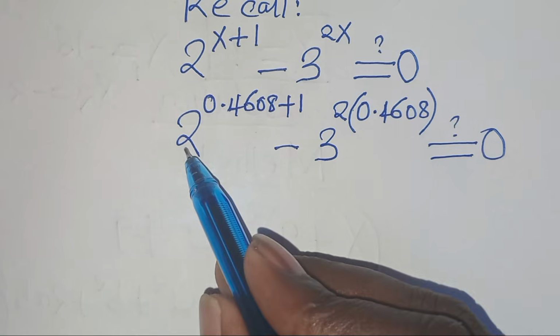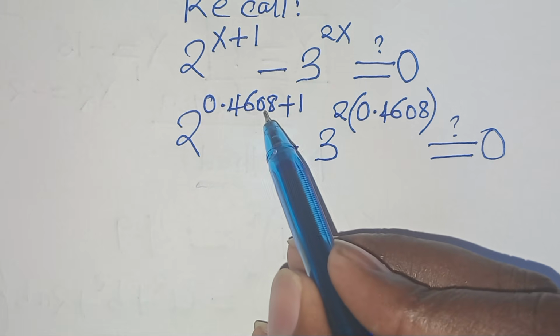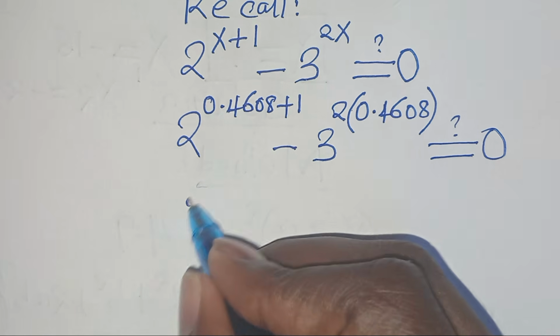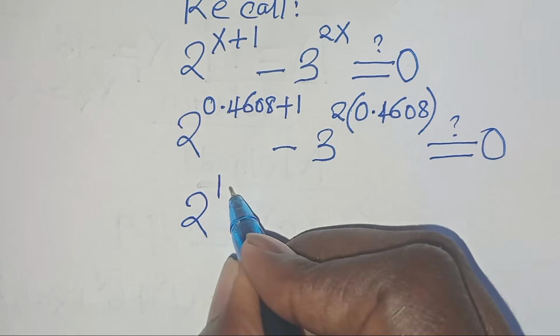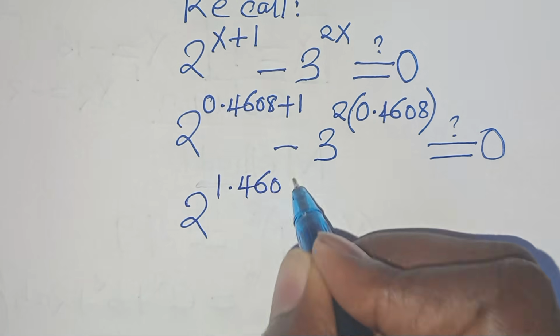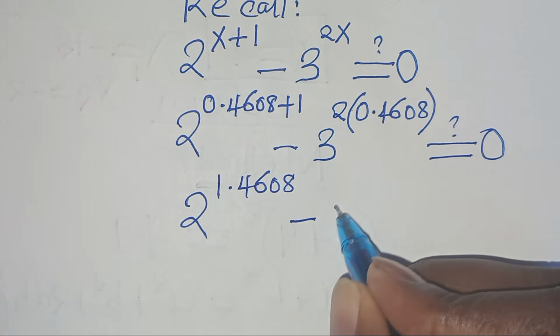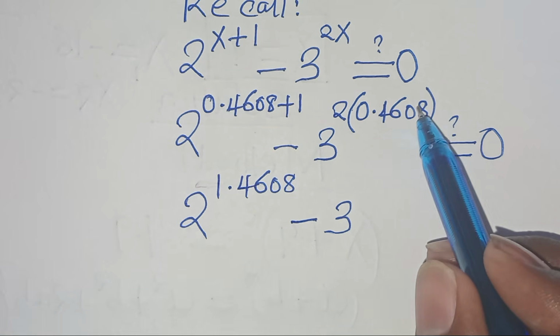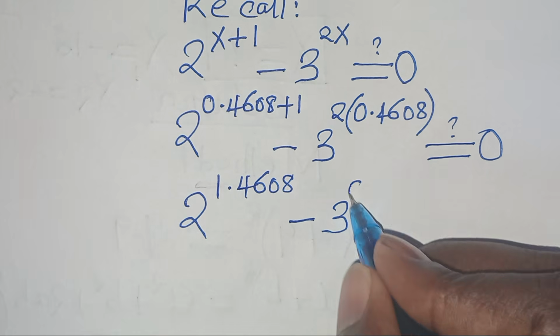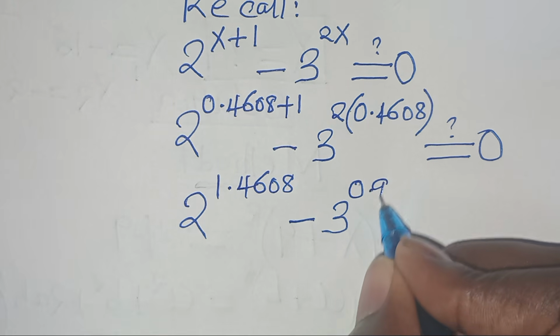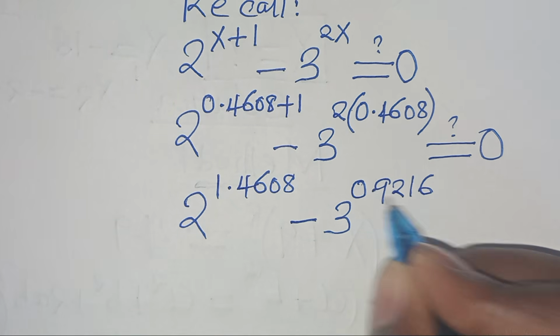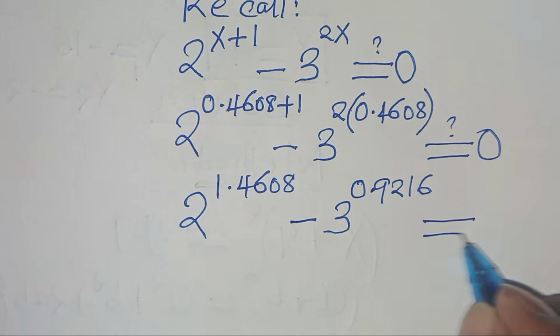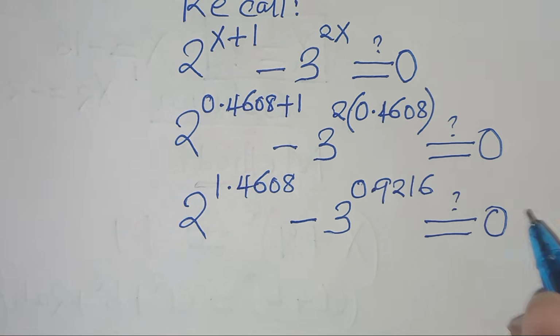So we have that 2 raised to the power of 0.4608 plus 1 becomes 2 raised to the power of 1.4608 minus 3 raised to the power of 2 times 0.4608. This becomes 3 to the power of 0.9216. This should give us a value of 0.